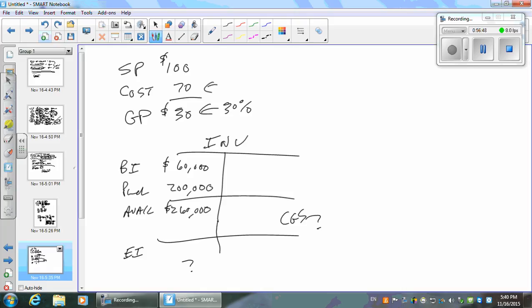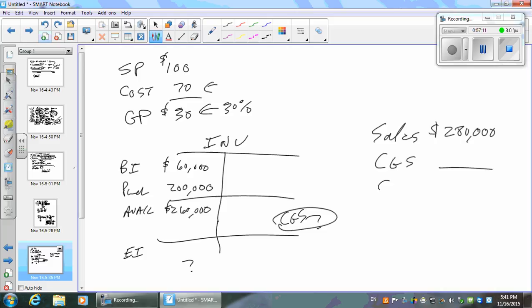How much do you think will be in each place? How would you know? I estimate my cost of goods sold, subtract it to get my ending inventory. Well, what if I know my sales? What's their sales in this company? 280. And the way they calculate it is the strangest thing. They do the gross profit first. I wouldn't. I'd do the cost of goods sold first and then subtract and get the gross profit. But this is 70%, and that's my cost of goods sold.